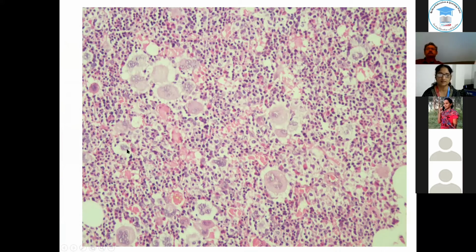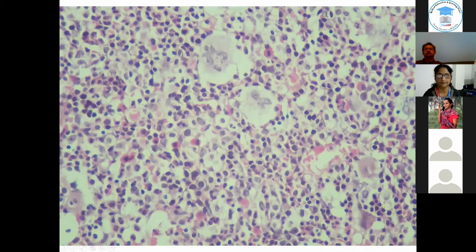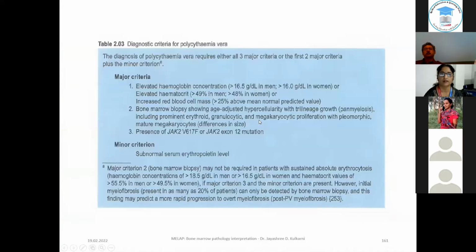You can see that these megakaryocytes range from small to medium to large size. They can be in small clusters, not the dense clusters you see in myelofibrosis, and you don't see that bizarre type of nuclei. Okay, so they are quite benign. Some look like staghorn nuclei. So this is a case of polycythemia vera.